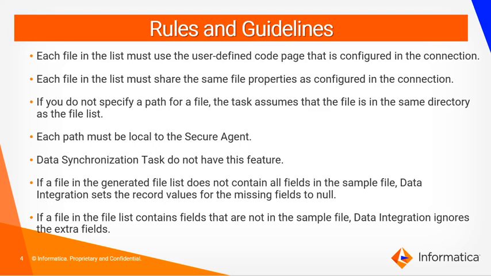If a file in the file list contains fields that are not in the sample file, Data Integration ignores the extra fields. This file list option can be made use of in 2 ways. You can either manually create the file list or you can make use of file list commands.